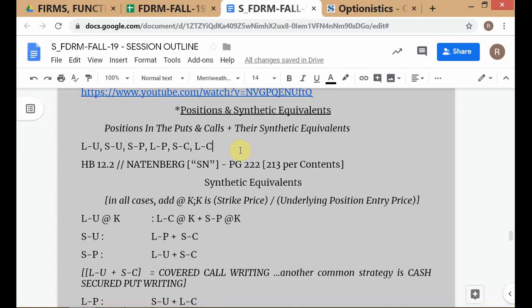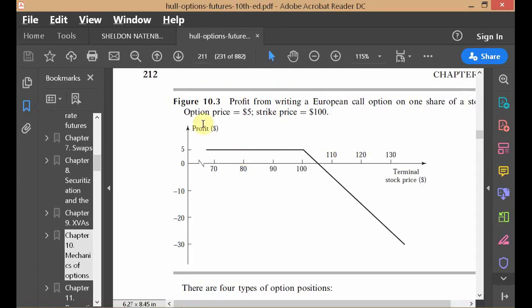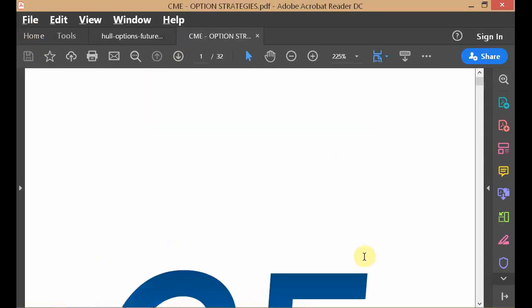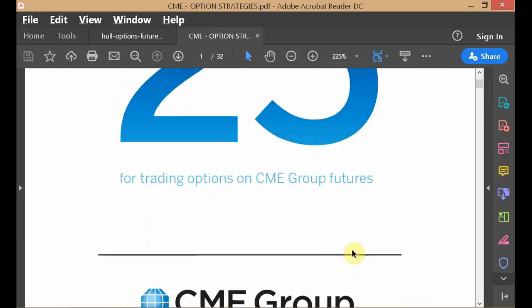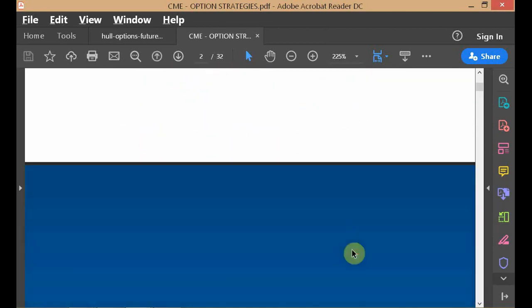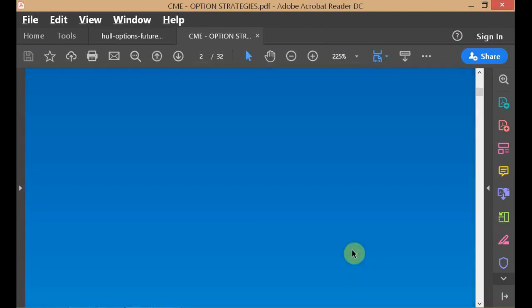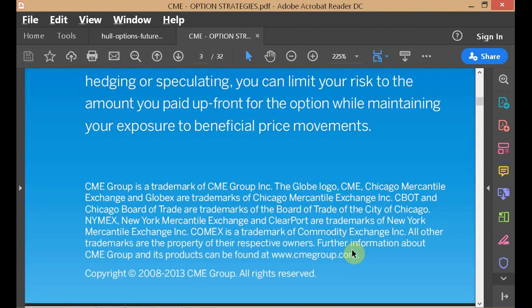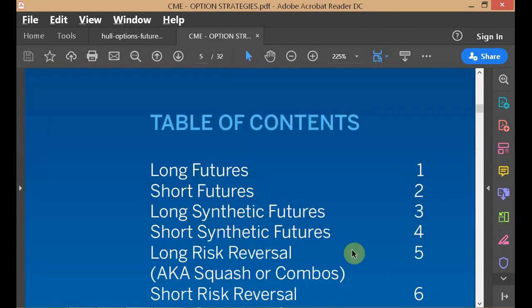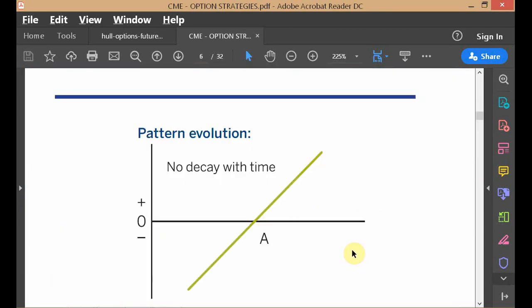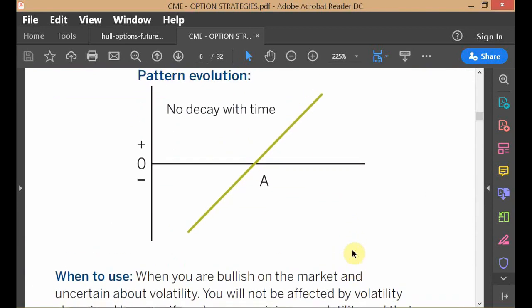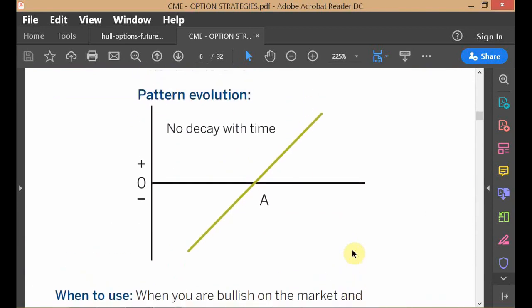If you look at the payoff profile, remember yesterday we looked at this. What is a synthetic equivalent? This is our long futures position. Is this clear?